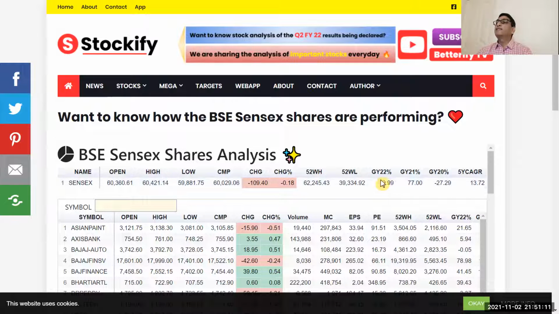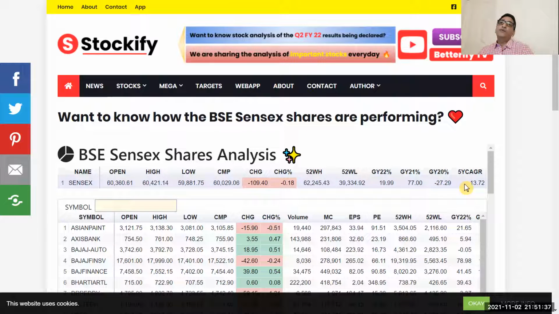Basically what this is saying is that the Sensex has increased by around 20%, 19.99%. And how did this Sensex perform in the last year, that is financial year 21? It is 77%. And the same way, it declined by 27.29% in financial year 20. Financial year 20, as we all know, was a COVID year.